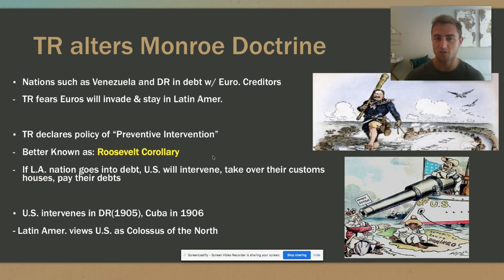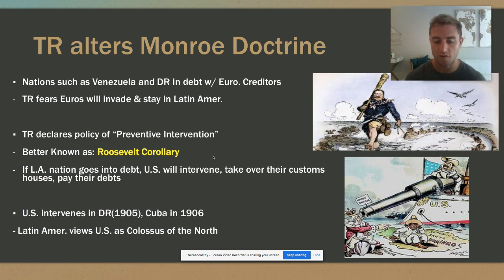And so Teddy Roosevelt is not going to allow this to happen, and he is going to announce a policy of preventative intervention. And what that means is, if he sees a country in Latin America or the Caribbean falling into debt, that the U.S. will say, as part of the Monroe Doctrine, which says that you cannot come in and colonize in the Western Hemisphere, we are going to come in and invade that country first.